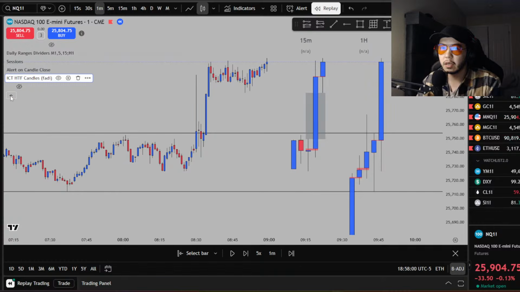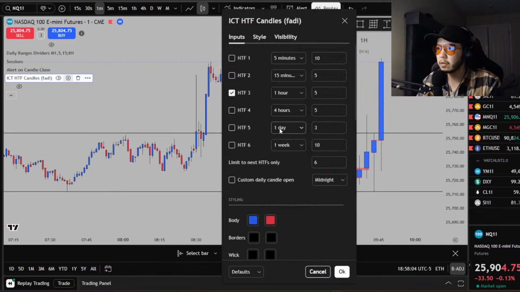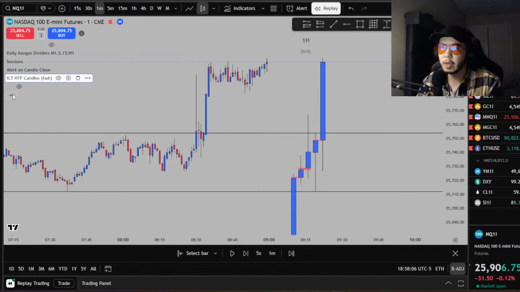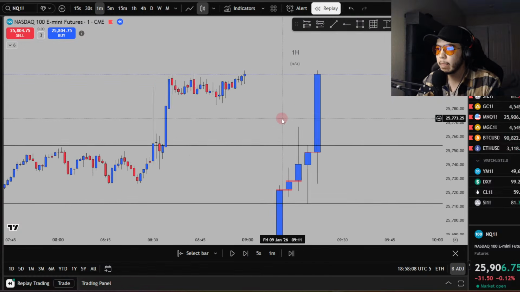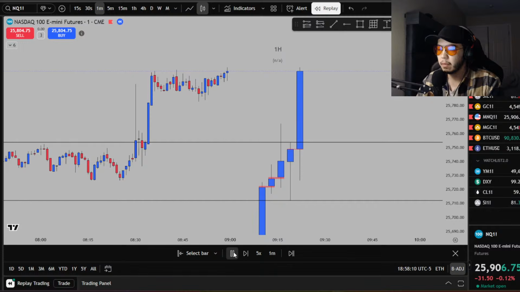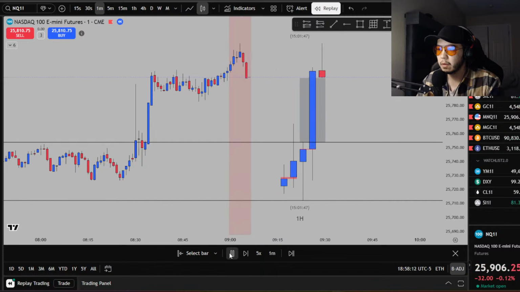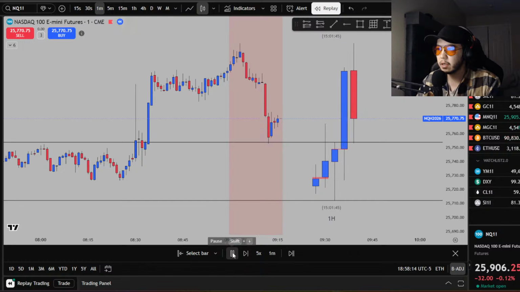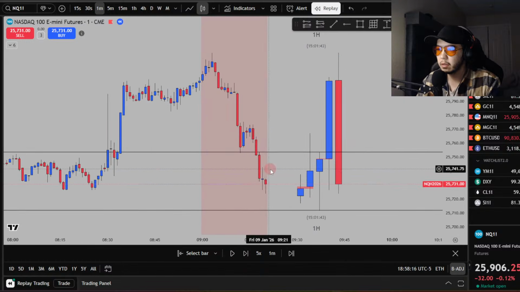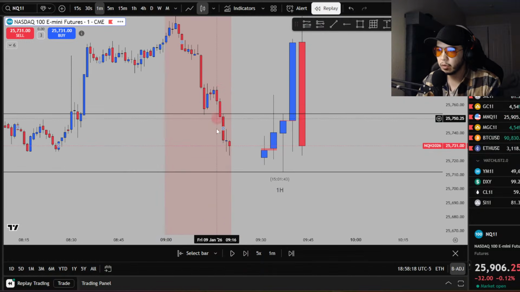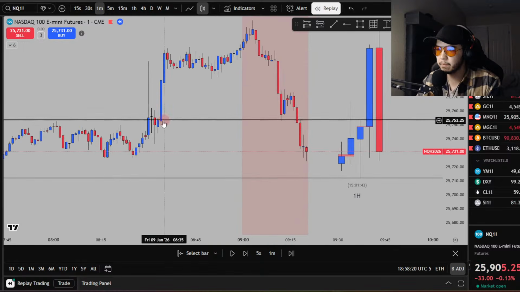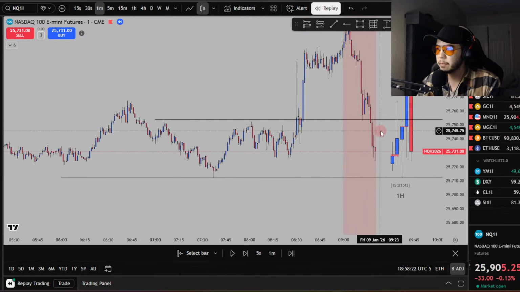Click OK, click save. Did it work? Oh, that worked. There it is. So the price action opens up. Let's say we go through it. Let's say this is my POI.